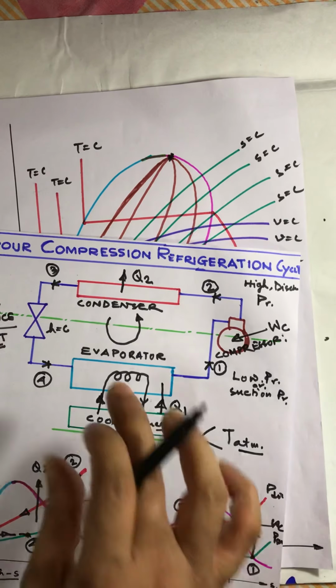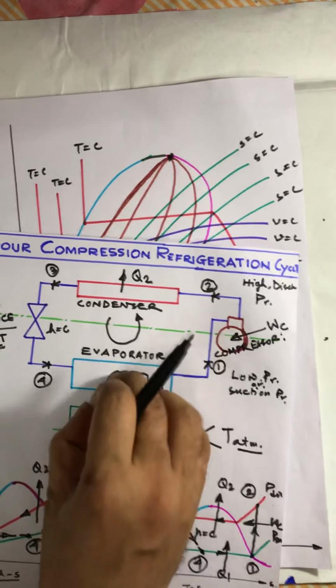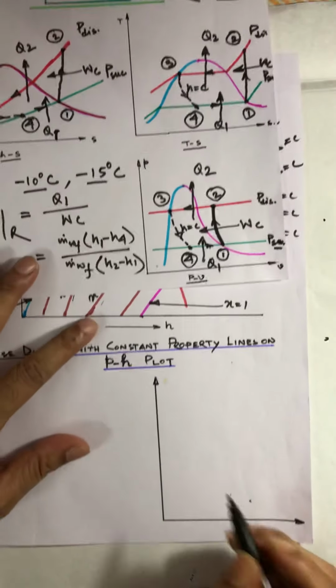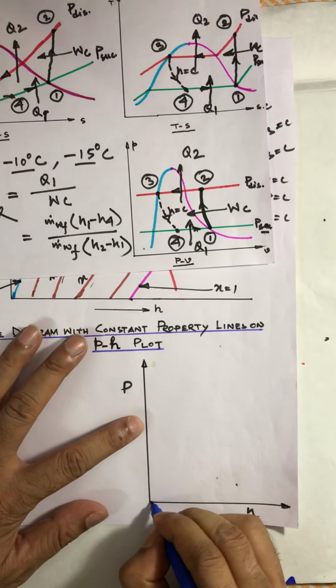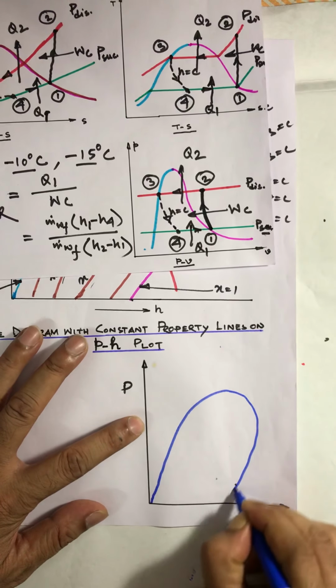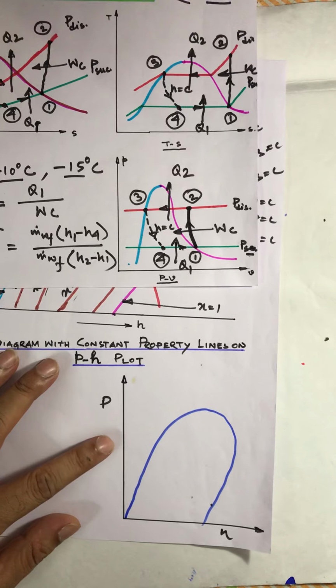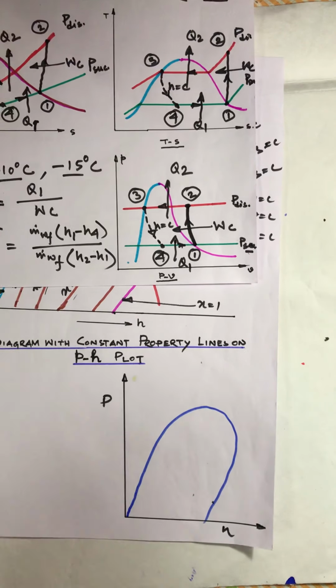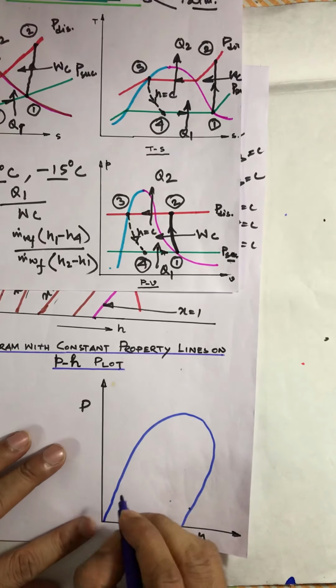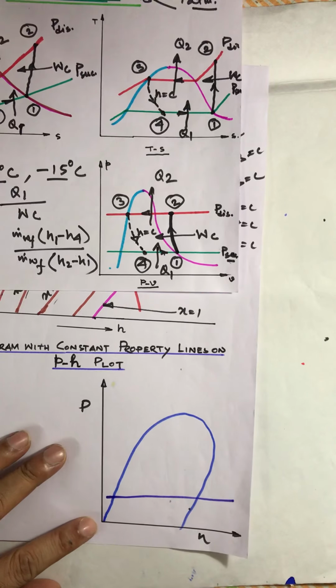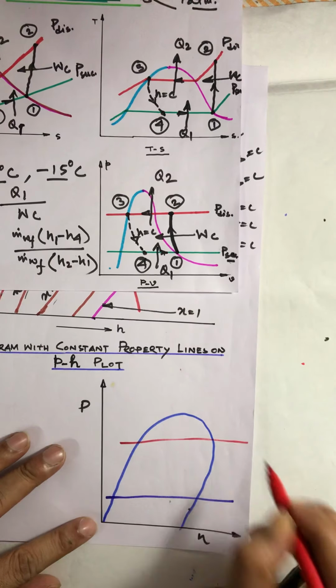So, if we represent this same process in a pH diagram, what will it be? Say this is P and this is H. Two pressure lines are there, as we know: one is the suction pressure, another is the discharge pressure.